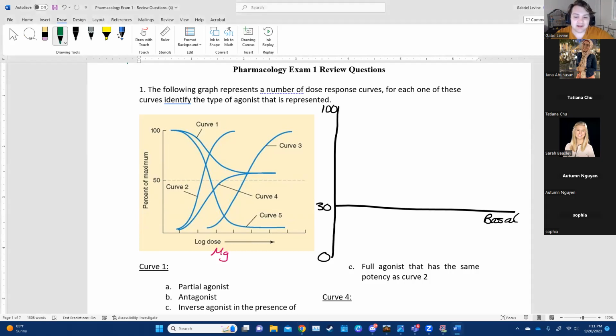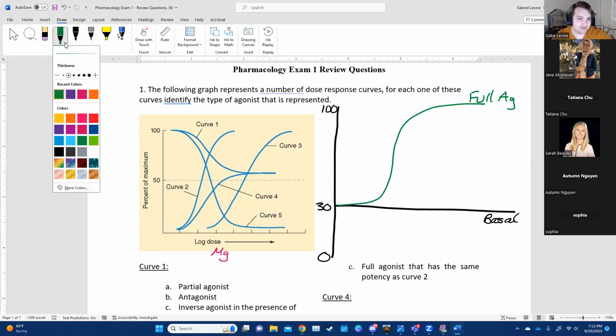What ends up happening is that the effect of a full agonist brings that up way above the basal activity. So the normal activity of the cell is increased to such an incredibly high amount that we call that the full agonistic activity.